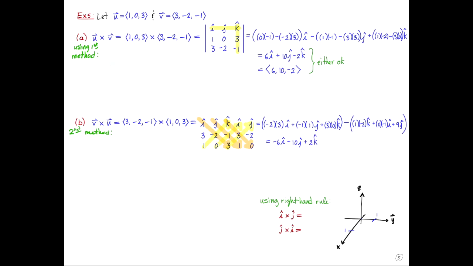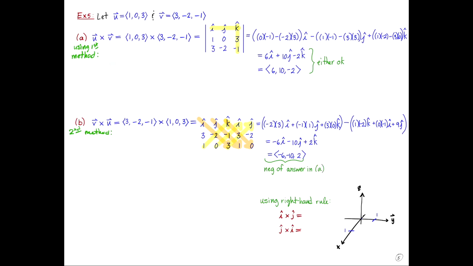Just like above, totally fine to leave your answer in this form, or if you prefer, you can write it in vector form as -6, -10, 2. Comparing our answer, you can see that this is the negative of our answer from part A.